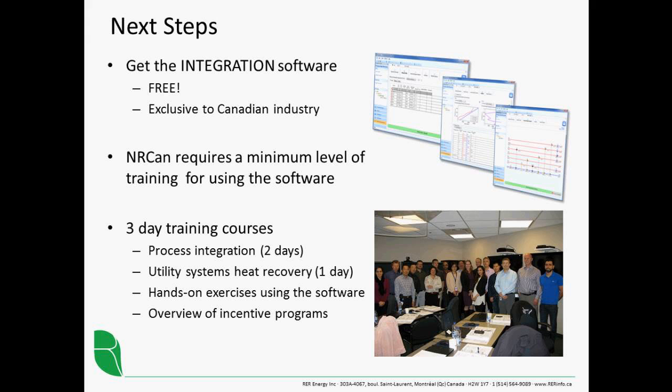The course involves hands-on exercises using the software, as well as, of course, discussion of process integration approaches and theory. And the training also involves a brief mention of what incentives programs are available through Natural Resources Canada and other provincial governments and utilities.